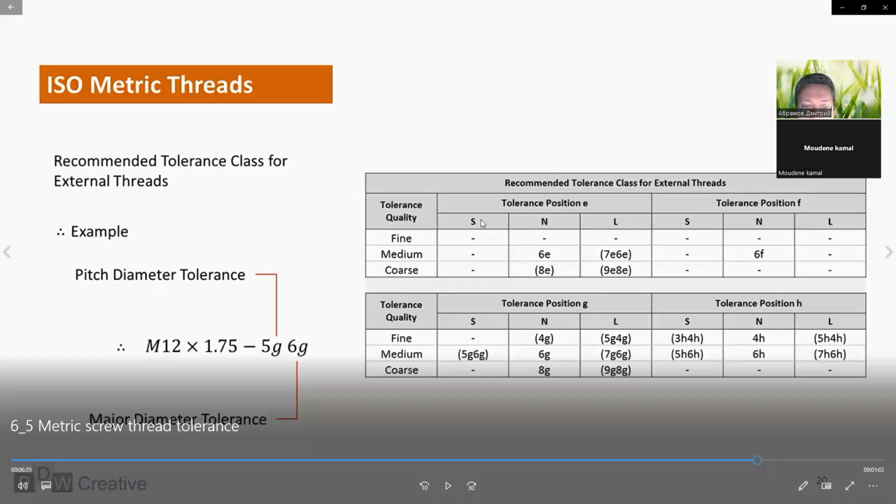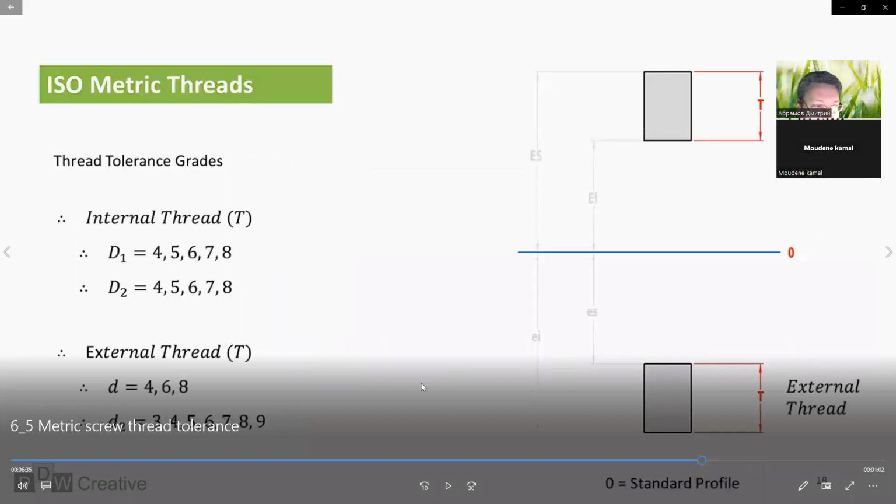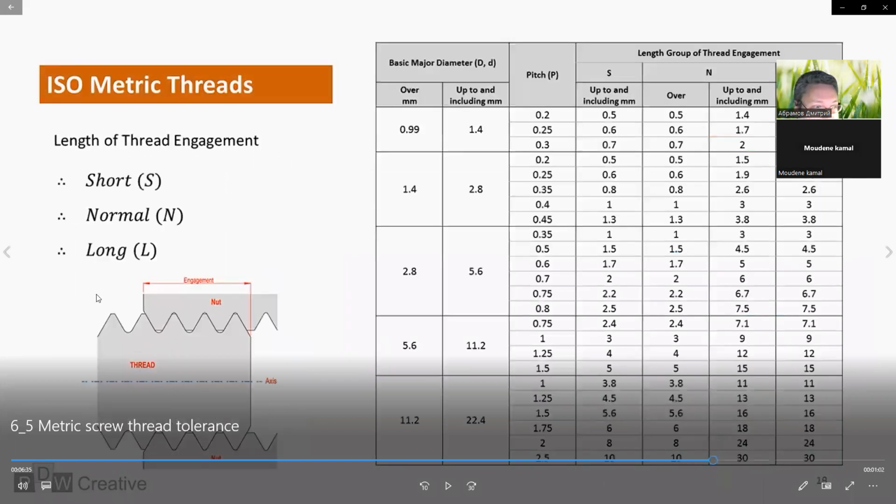In this table, you can see S, N, and L. What is that? It's the length of the thread engagement.